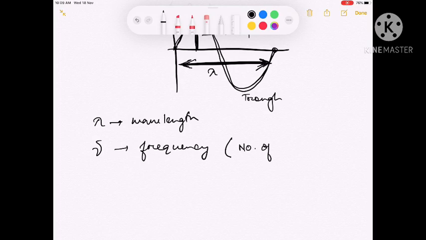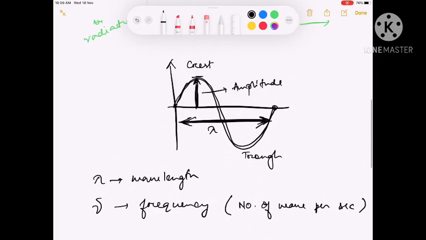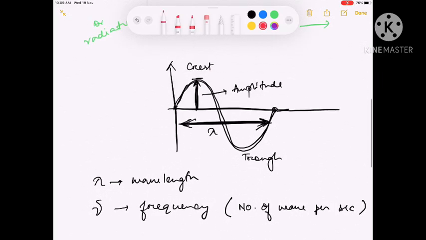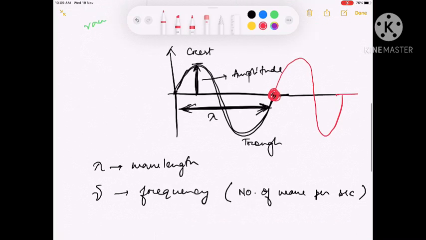If you consider this point, the number of waves propagating through it in 1 second will be the frequency.